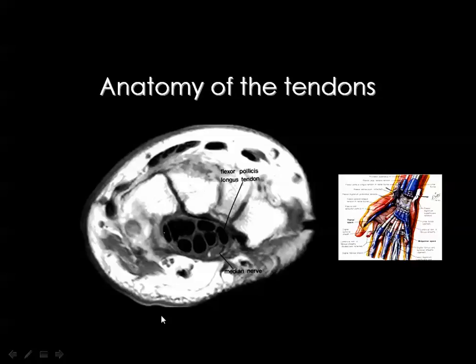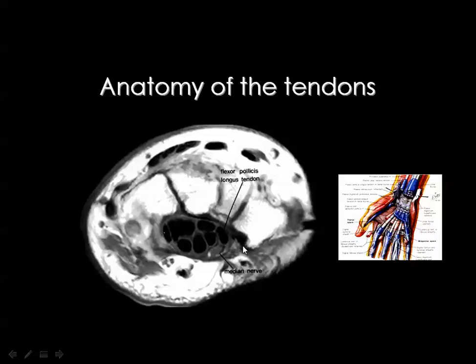You know that this is the trapezium, and this is the trapezoid, this is the capitate, and this is the hamate. The hamate has a famous hook. The trapezium has a small tubercle. Between the tubercle of the trapezium and the hook of the hamate stretches the flexor retinaculum.